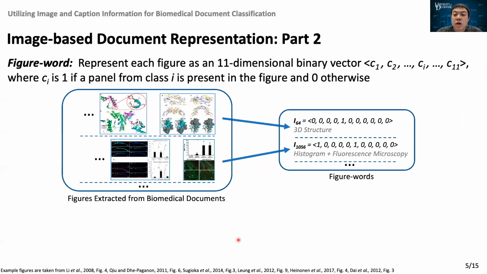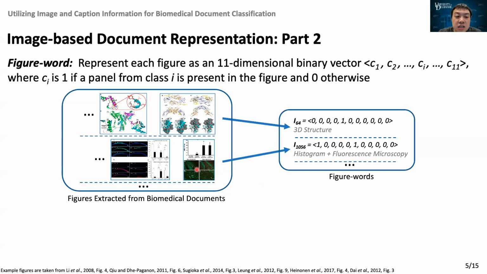Once the class label of each panel is obtained, we represent each figure as an 11-dimensional binary vector, C1 to C11, where Ci is 1 if a panel from class i is in the figure and 0 otherwise. This figure shows the process for converting figures into their corresponding figure words.